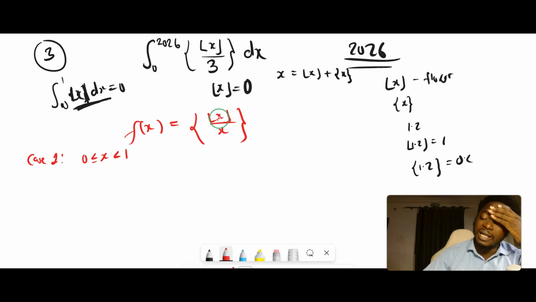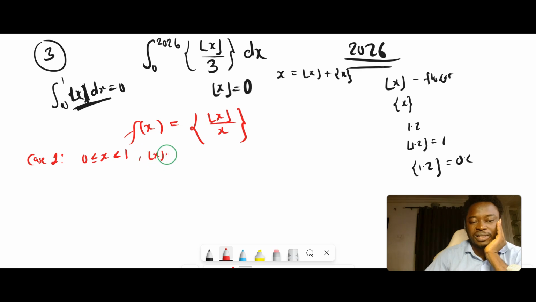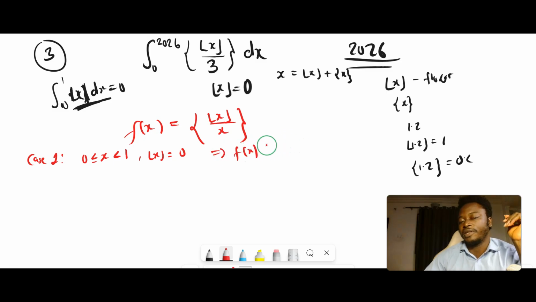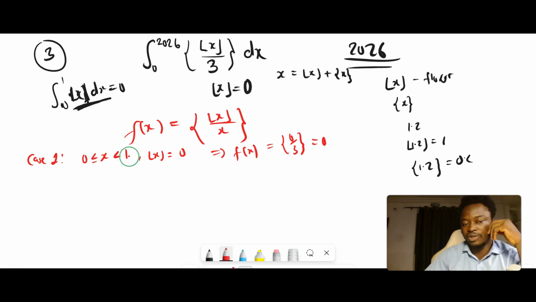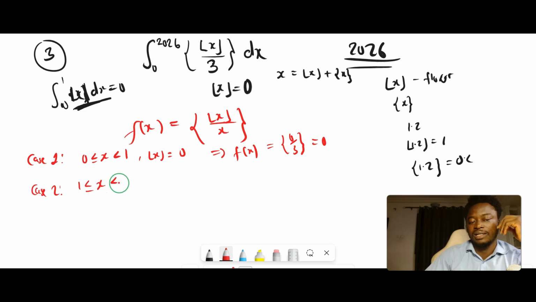In this case the floor of x becomes 0. So f of x would be the fractional part of 0 over 3, which is essentially 0. So f of x is 0 when x is between 0 and 1. Now case 2, when 1 is less than or equal to x, less than 2.